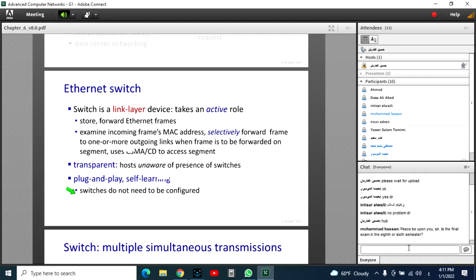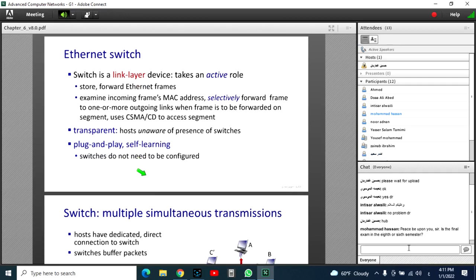A router needs configuration to apply a routing protocol, and using that routing protocol, it learns the paths toward different destinations. But how does a switch know about those destinations? How does it discover those destination addresses? We call it self-learning.